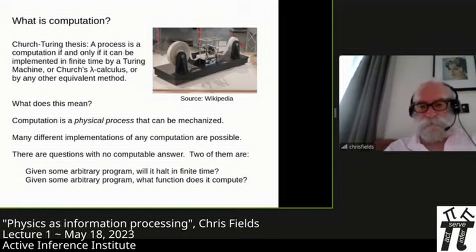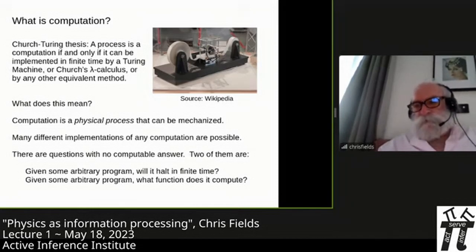And two of the most famous questions of this kind are, given some arbitrary program, will it halt? Will it get to an answer in finite time? And the answer to that question is, this is undecidable. No procedure can figure this out. And the other undecidable question is, given some arbitrary program, what function does it compute?